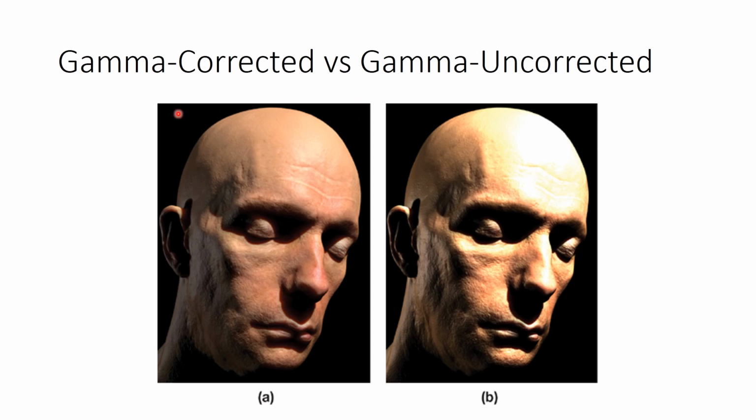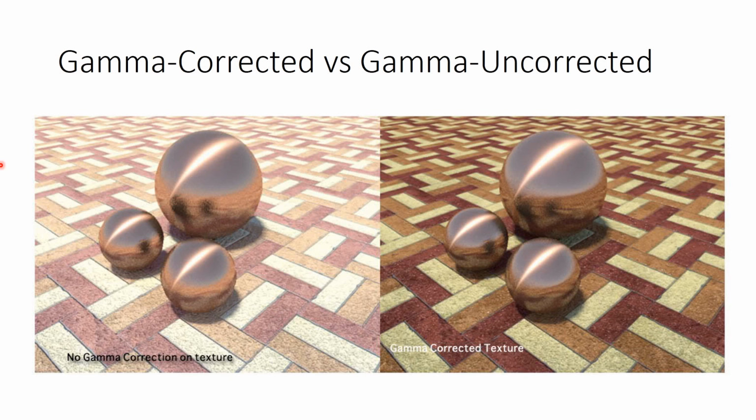This is the gamma corrected one, and this is gamma uncorrected. You can see all the extra light in this picture. In this example, you can see that no gamma correction was applied on the textures that were used to render this. And on the right, we were working with gamma corrected textures.